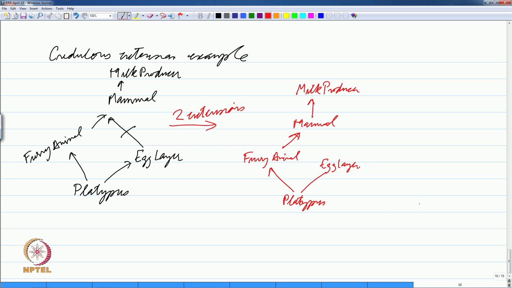The other extension is that it is an egg layer, and egg layers are not mammals, but we know that it is a furry animal.